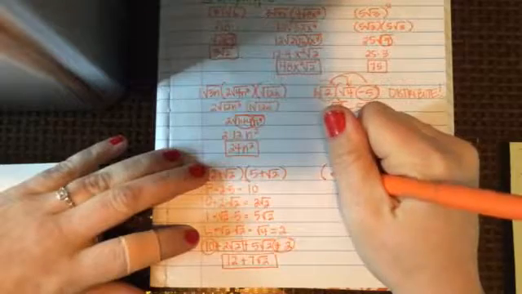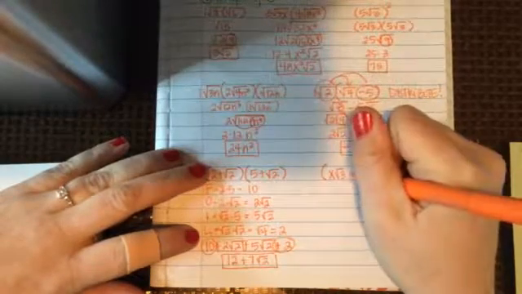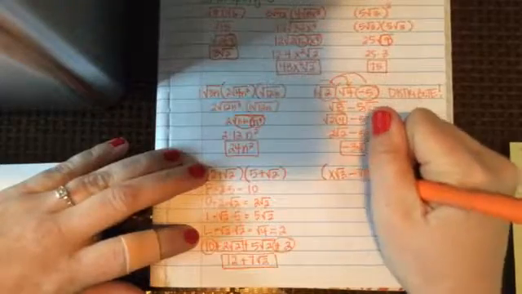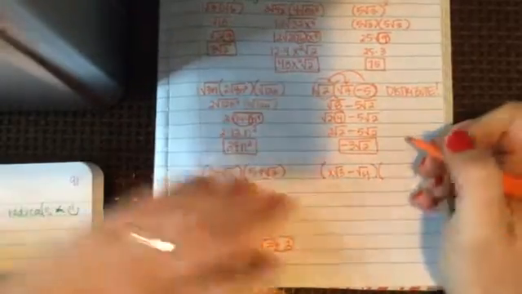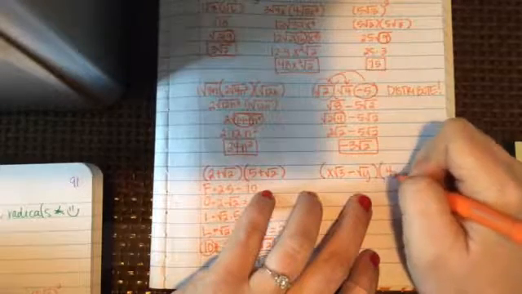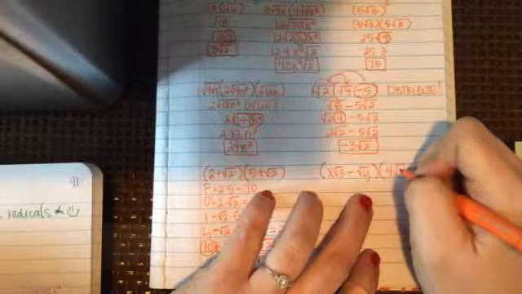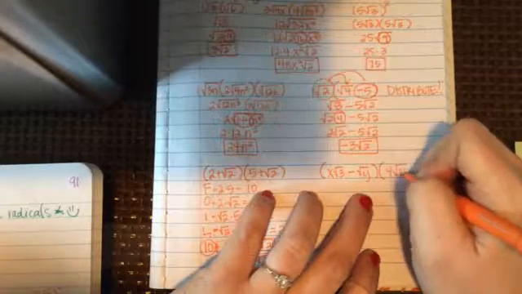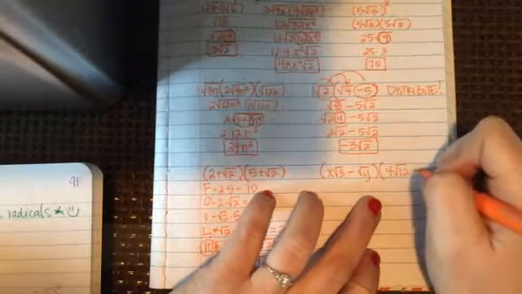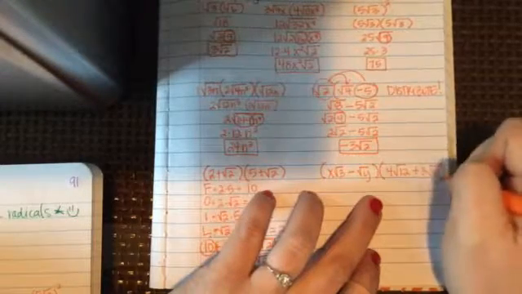Let's see, x radical 3 minus radical y, times 4 radical 12 plus 3 radical y.